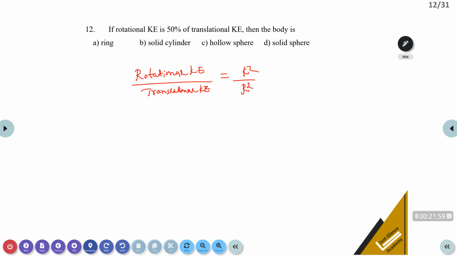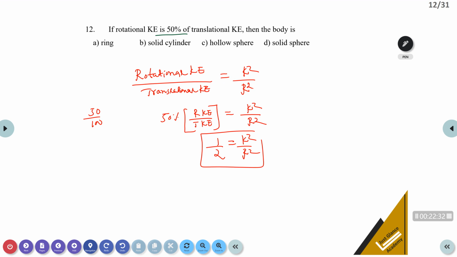In the problem he has given the rotational kinetic energy is 50% of translational, that means 50 by 100. That means 1 by 2 equals k square divided by R square.